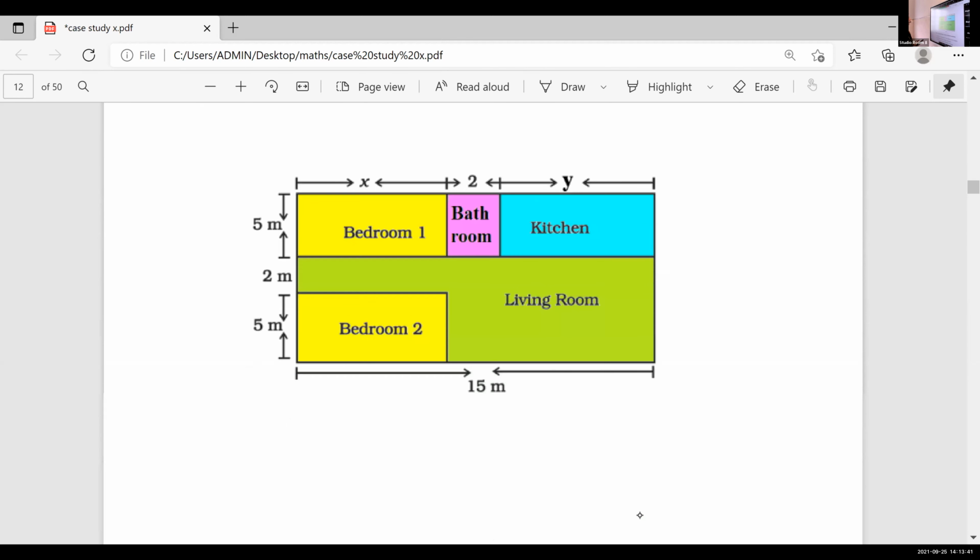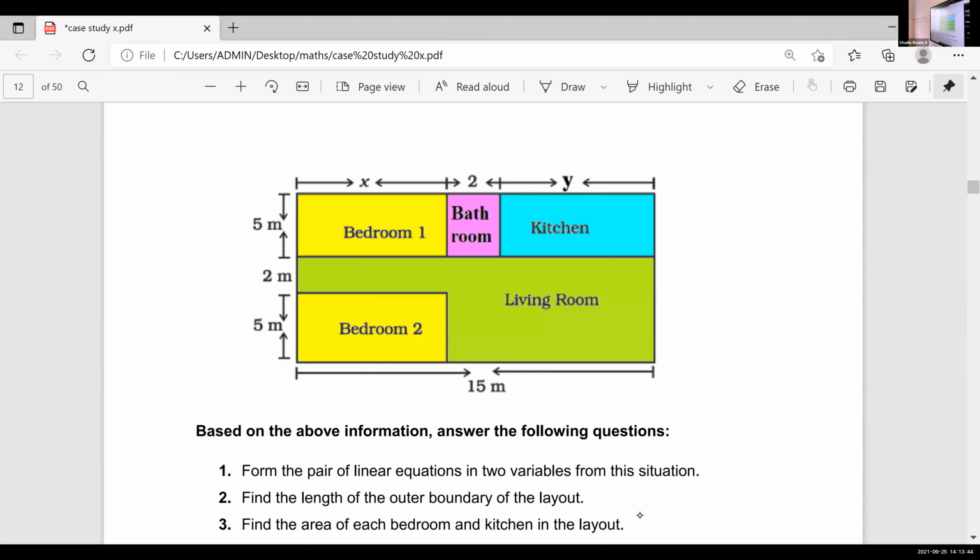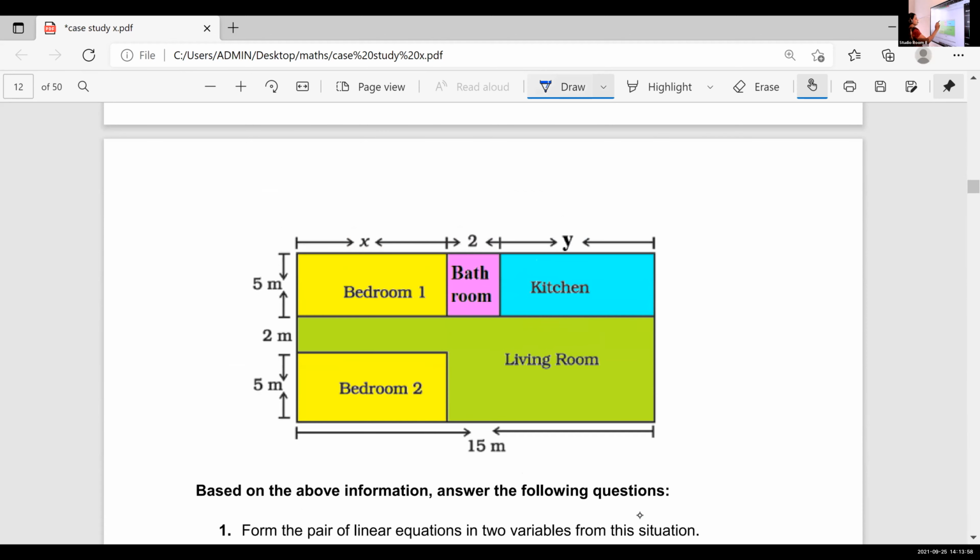What is y? It is for the kitchen. So no need to take area as x. The length of the bedroom you can take as x, and the length of the kitchen as y. What about the breadth of the bedroom and kitchen? It is given here, 5 meters. These are the same breadth.